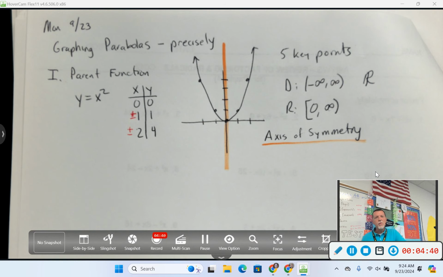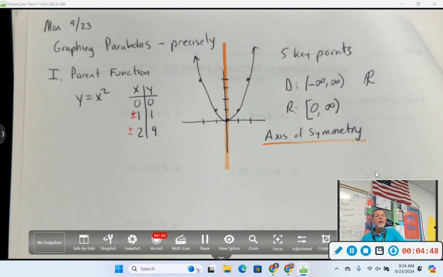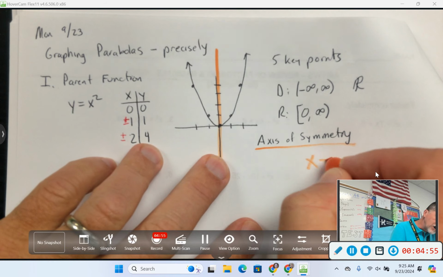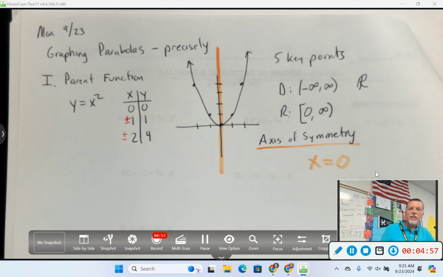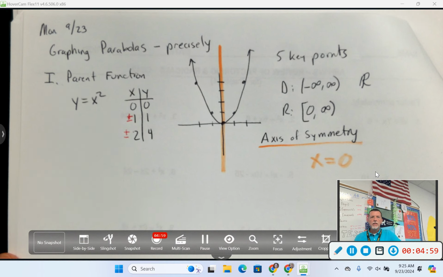So, super easy to find. What is the axis of symmetry, though? What's the equation of that line? Good. x equals 0. The main problem is people say, oh, it's 0. Well, what's 0? So you've got to tell me x equals, and in this case, x equals 0.